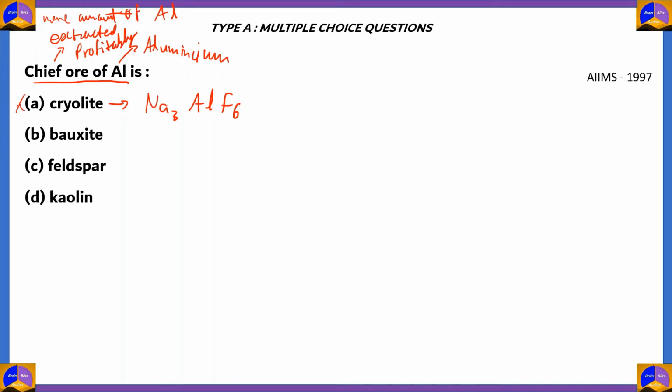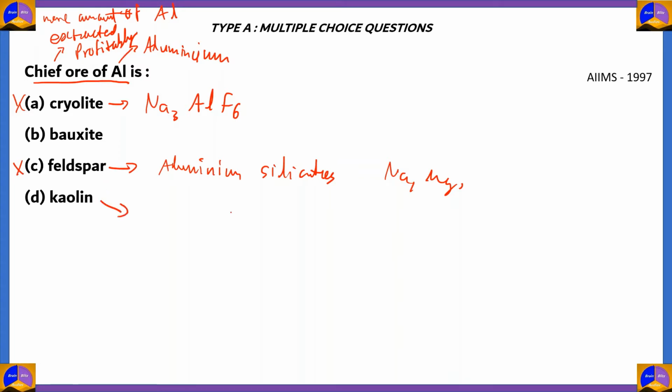Option A is incorrect. Now option B, feldspar, is a collection of aluminium silicates containing sodium, magnesium, etc. So again, this is not profitable. Feldspar is a mineral, but not the chief ore.